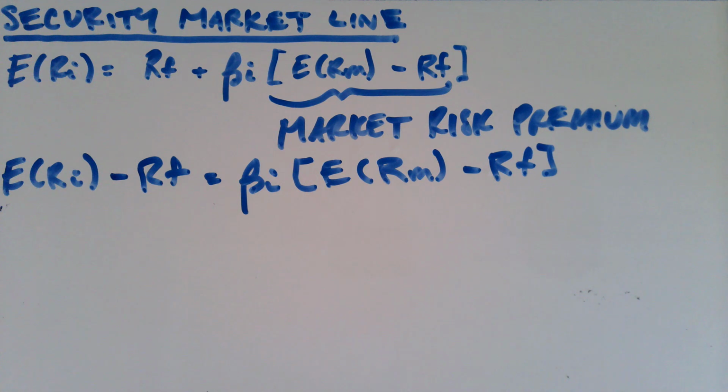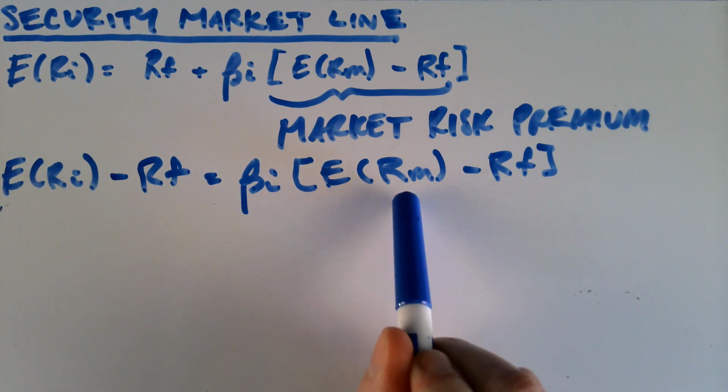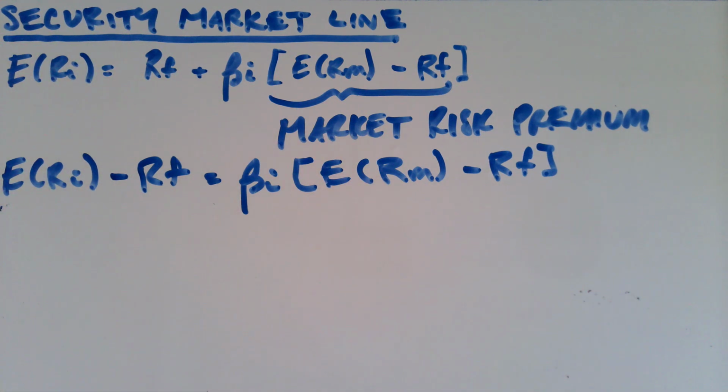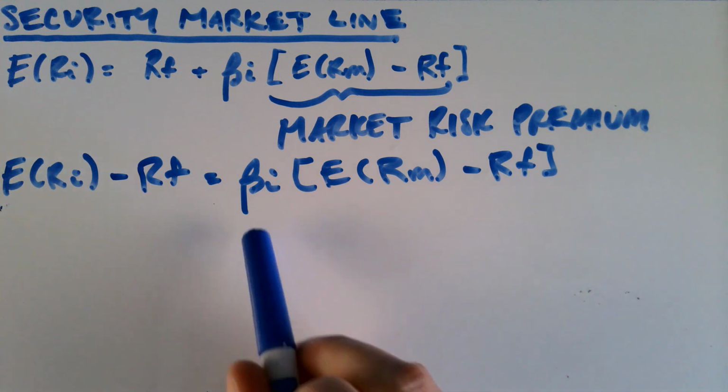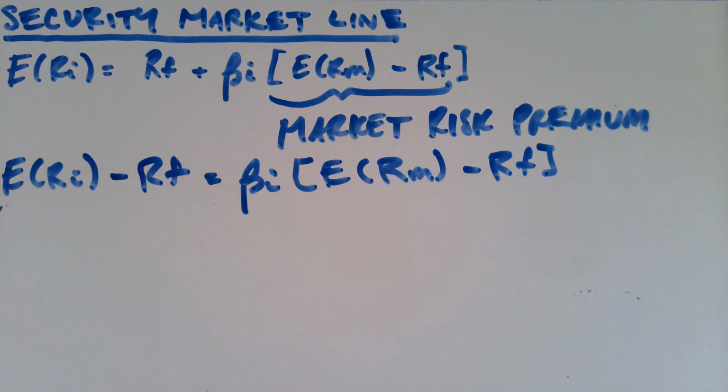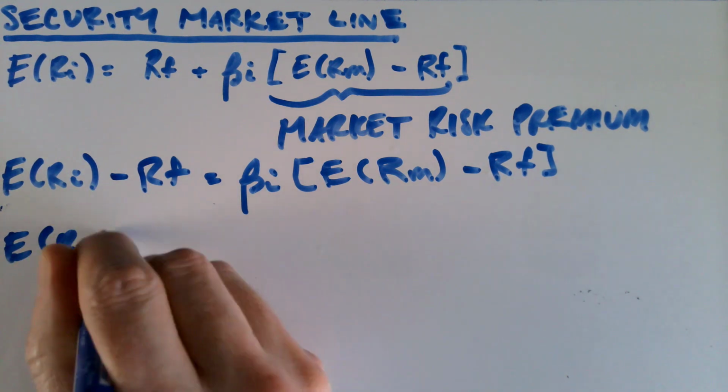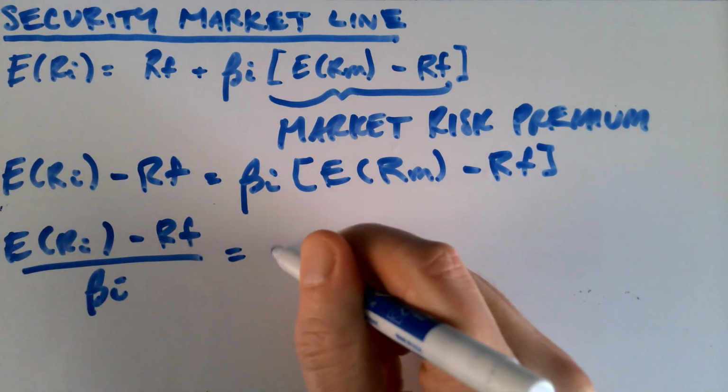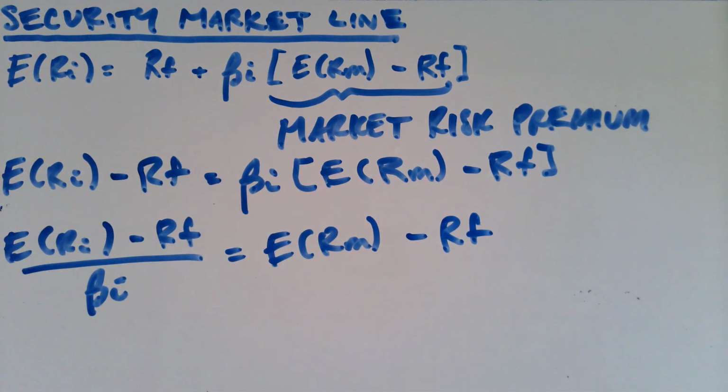What if we were looking for the expected return on the market? Well, we could start with this equation we have here. We're trying to get the expected return on the market by itself. And we're going to go in reverse order of our order of operations, which means the first thing we need to do is divide by beta sub I. And now all we have to do to get expected return on the market by itself is add the risk-free rate to both sides.